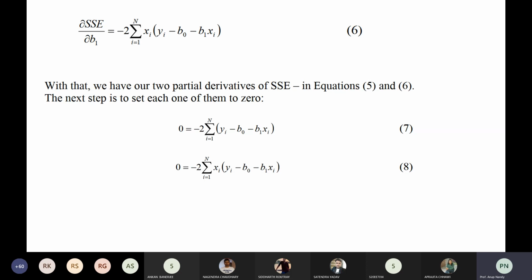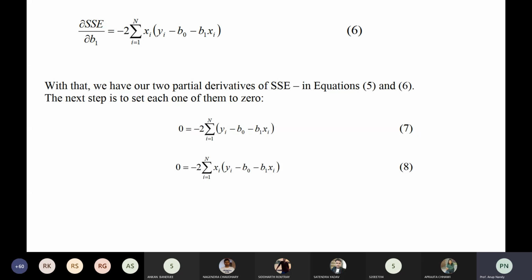Now in the 5, if you just set it to 0, minus 2 summation i is equal to 1 to n yi minus b naught minus b1 xi, that is equal to 0. And equation number 6, if you just make it 0, you please write it down because you have to solve it. Minus 2 summation i is equal to 1 to n xi into yi minus b naught minus b1 xi.